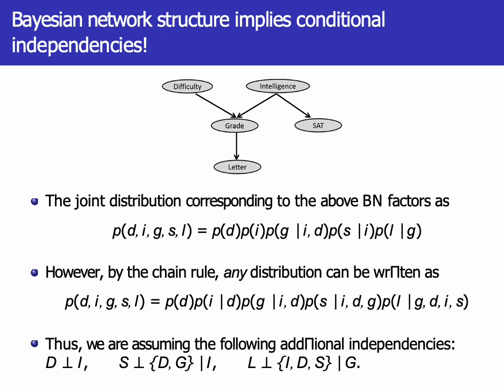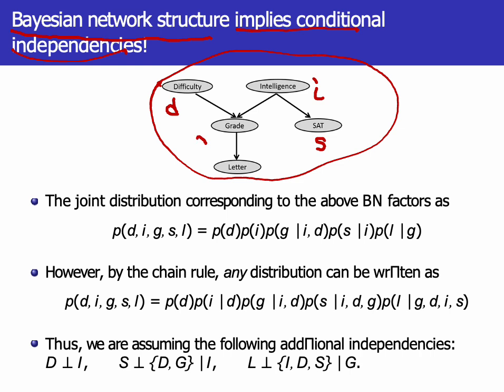So a Bayesian network structure implies conditional independencies. You have such network structures. This is node D, node I, node S, node G, node L, the DIGSL nodes.